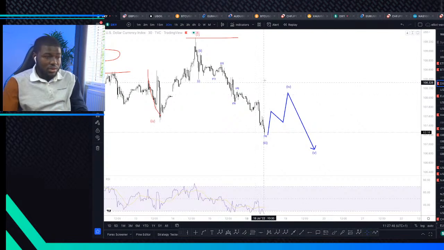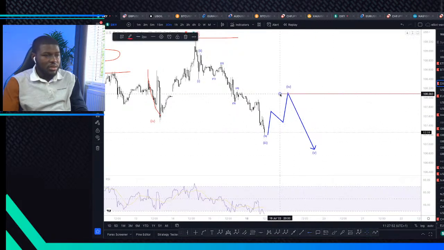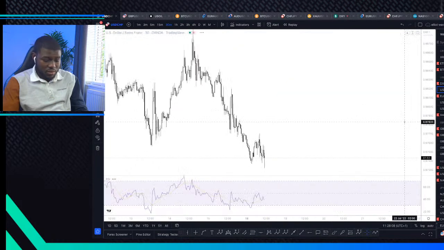My advice for you is just wait for a correction to the upside, then you can join the sellers, because as we can see from our wave count, there's an opportunity for wave 4. Wave 4 correction to the upside, then market is going to continue downward to give us our wave 5. So that's that about DXY, guys. Now let's move to USD CHF and see what's happening in USD CHF.